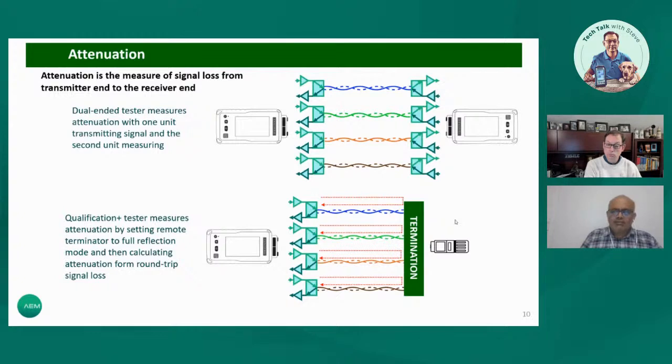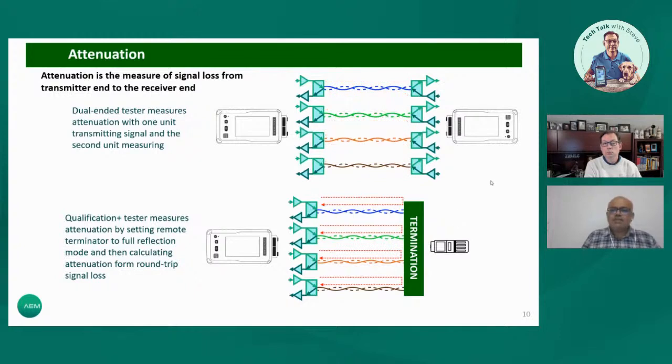In qualification plus, we don't have a remote unit which can actually measure the reflection. However, it is done using what we just described, by setting the terminator in either the reflection mode or the absorbing mode. By comparing the signal in these two modes, NSA can actually measure the insertion loss of the channel, the insertion loss of the cable under test, right?